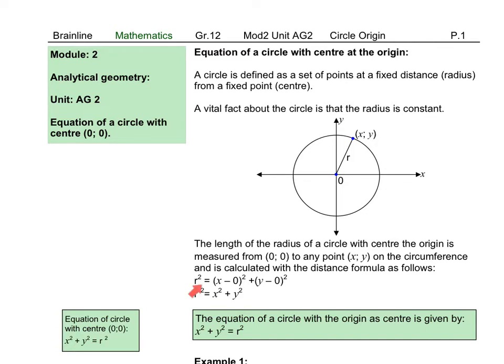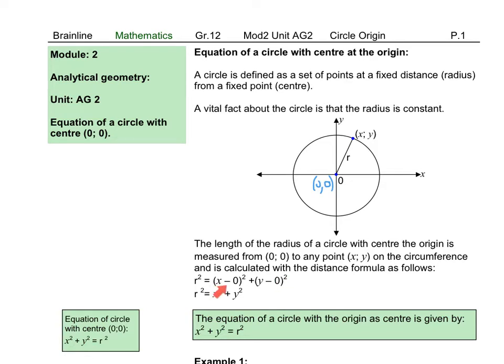In other words, when we use the distance formula, we can say that r squared is equal to x minus 0 squared plus y minus 0 squared.